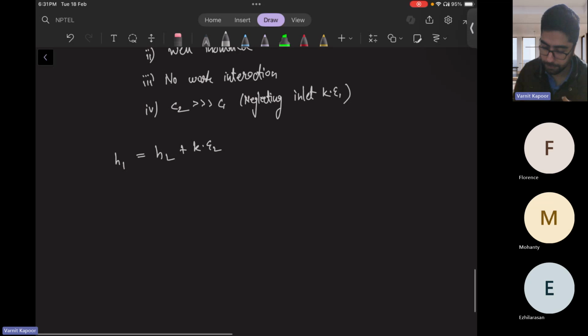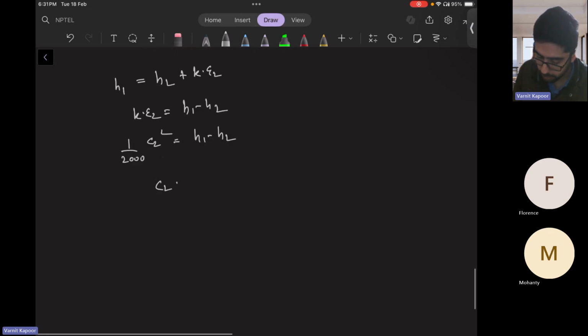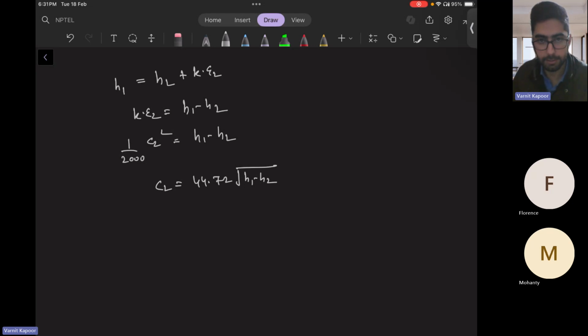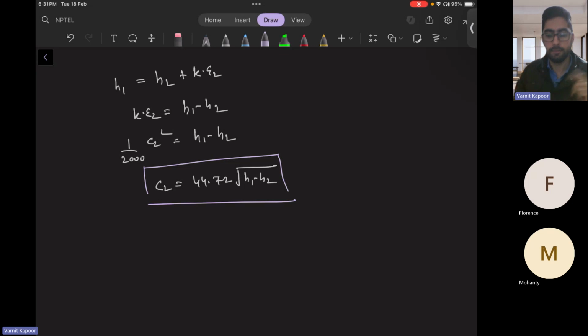So the specific kinetic energy can be written as h1 minus h2, that is, C2 squared by 2000 equals h1 minus h2. So C2 comes out to be 44.72 times the square root of h1 minus h2, because the square root of 2000 is 44.72. This is the final speed you got for the nozzle. Now let's come to the next device, that is the diffuser.